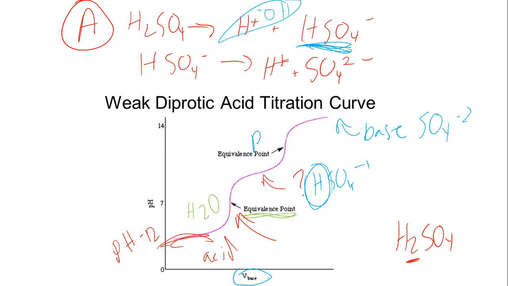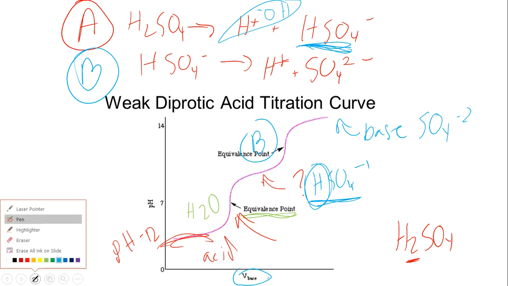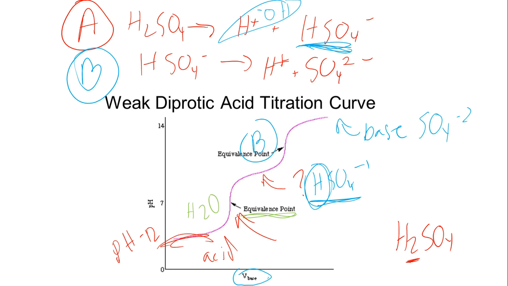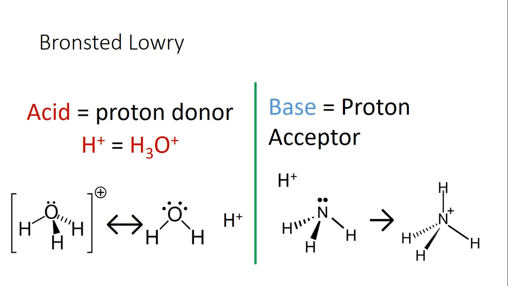So this point B is this thing, because you're now trying to pull an H plus off of an overall negative species. And as you must have learned by now, opposites attract. So if I'm trying to pull an H plus off of a thing that's overall negative, that thing, right? This is an H plus connected to that piece.